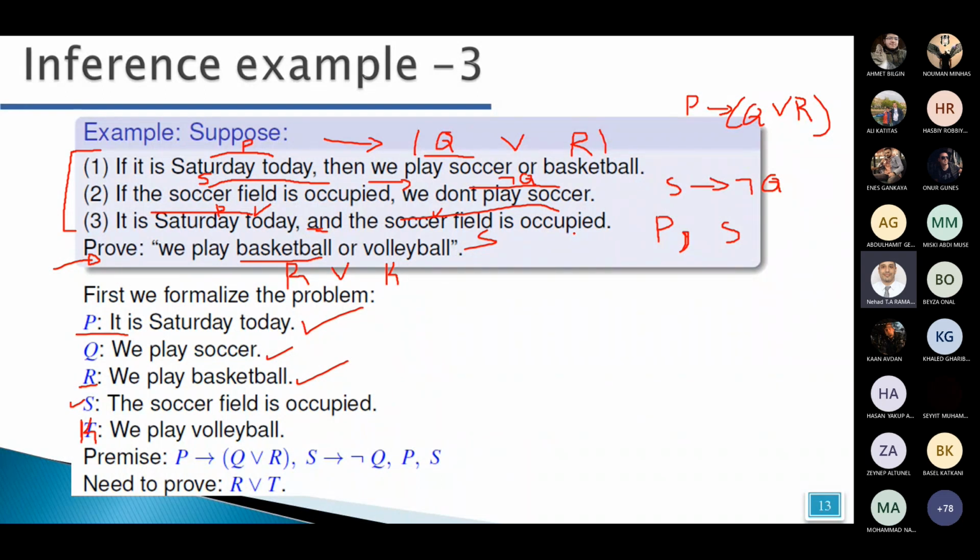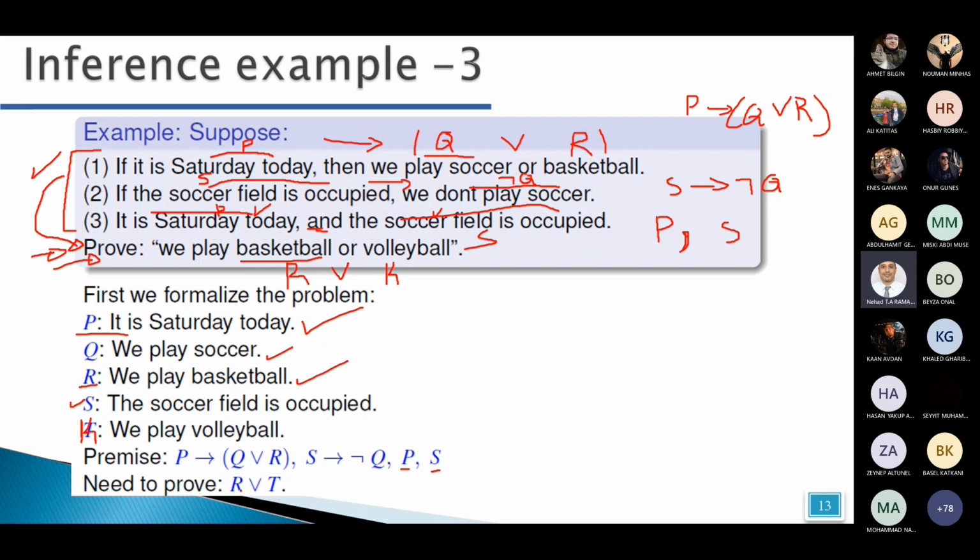But it's okay. What's the idea? The idea is to use the premises to get the conclusion. These three are the premises, and this one is the conclusion. Okay, let's write the premises. The premises: P implies Q or R, S implies not Q, and we have P alone as a premise, and S as a premise.